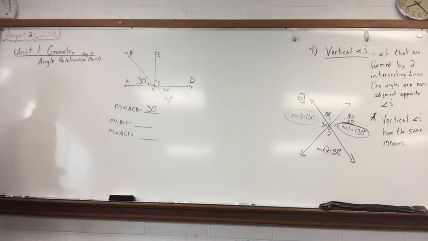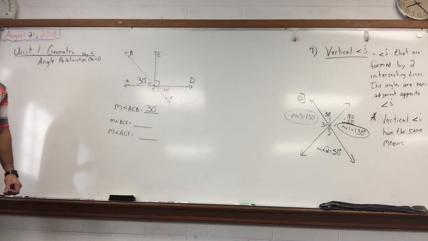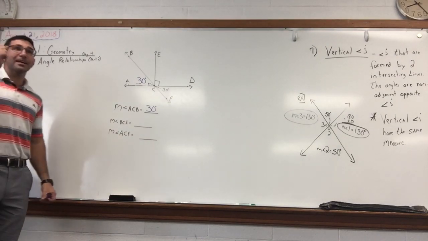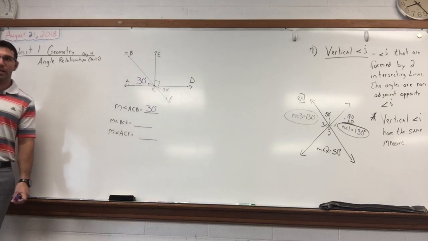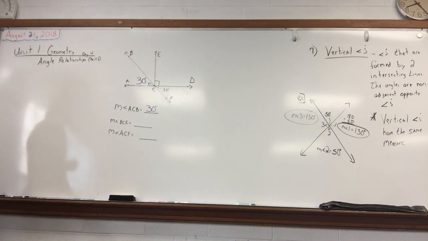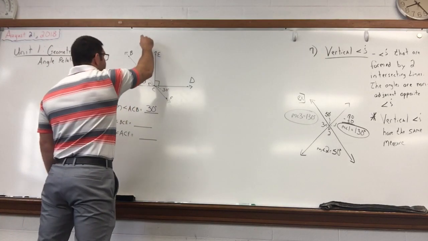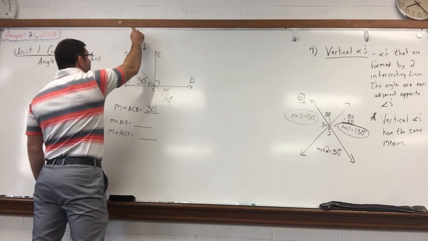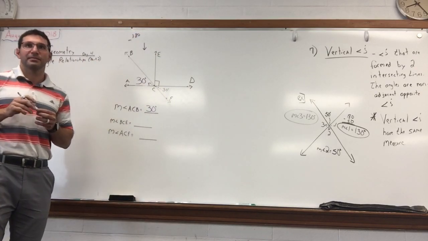Everybody still with me? Is this a straight line? Yes. So we know that that straight line has to add up to how many degrees, Renee? How many degrees do straight lines have to add up to? 180. So if this is 30 and this is 90, I'm going to say, okay, this angle is 180 minus, well, what's 30 plus 90?